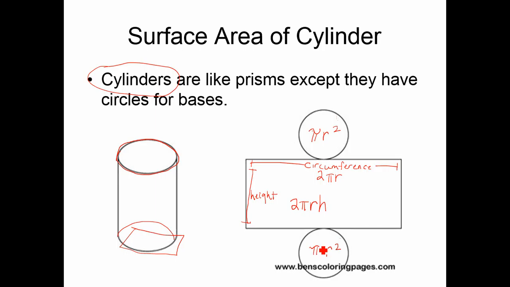So if we sum this up, we have two circles. They are pi r squared. So we'd have something like 2 pi r squared, and those would be the areas of the bases, plus the perimeter of the base would be the circumference, right? Because that's what the perimeter of a circle would be. We'd have 2 pi r times the height of the cylinder, which would be h. So we can use this formula for surface area of a cylinder.